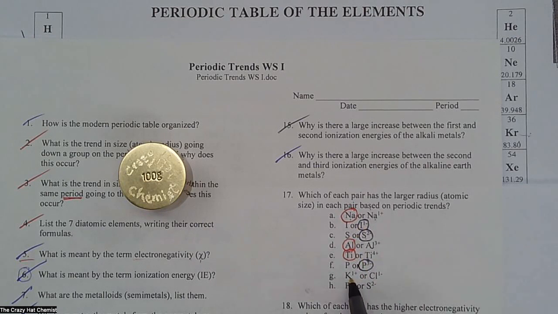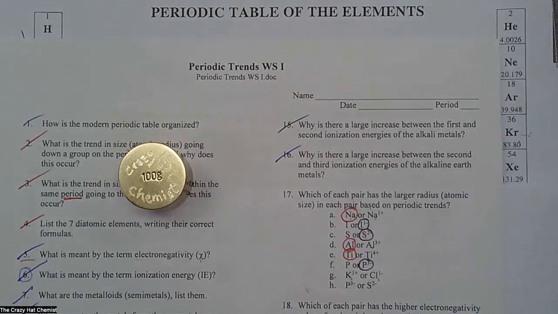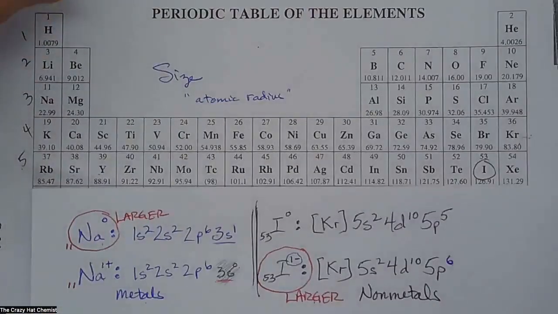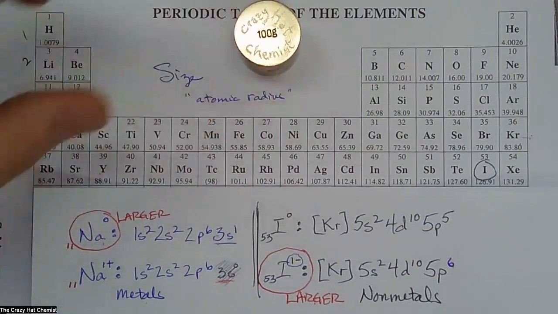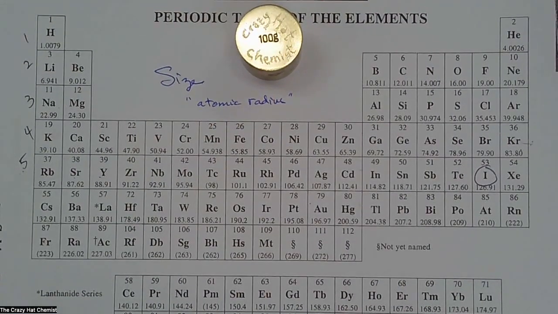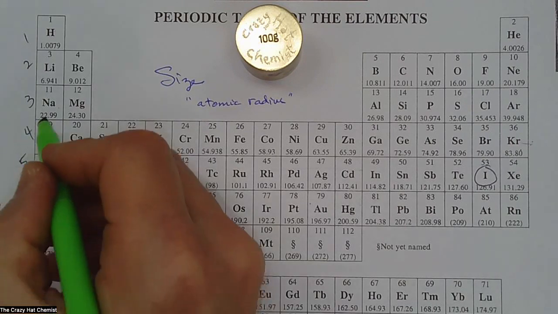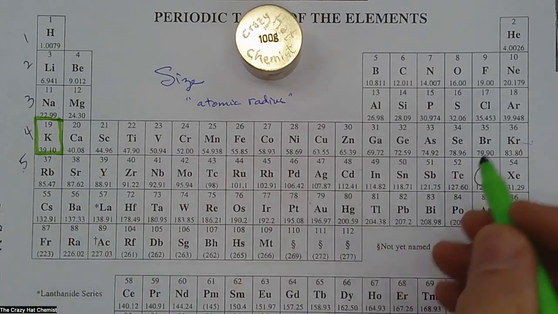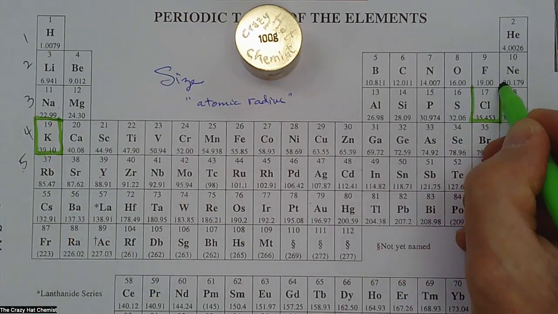The next one is potassium and chloride ion. So what we really need to do is go back to our periodic table here and figure out which one is larger based on size. So if you have elements that have their periodic trend charges, I'm going to highlight the potassium ion here, and then the chloride ion over here.